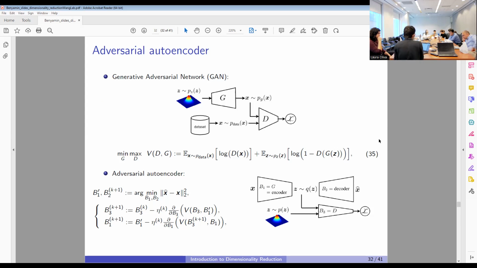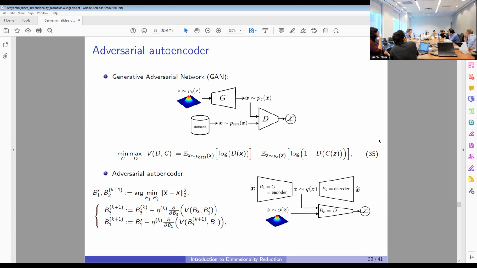However, you also try to optimize B1 and B3 in an adversarial learning setup, saying that, okay, assume I want to discriminate between some prior on the latent space and the latent space that you have. By this adversarial learning, the autoencoder tries to improve itself in order to make the latent space similar to some distribution.